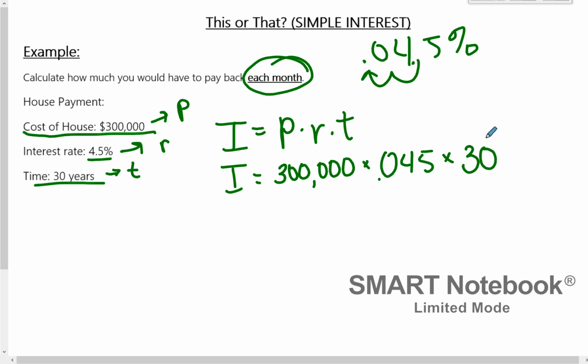Okay. So when I put that in my calculator, I'm going to take 300,000 times 0.045, which is my interest rate, times my 30 years, and I'm going to be spending $405,000 just in interest.